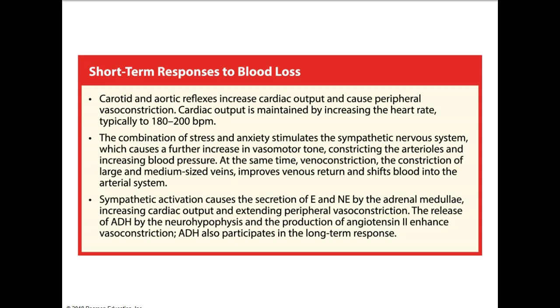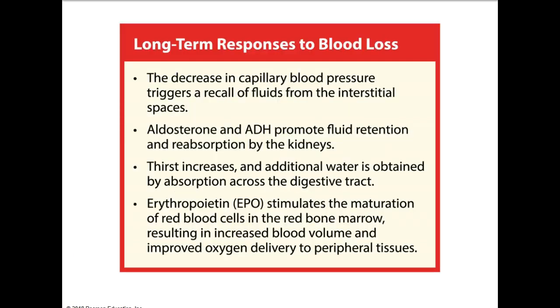And the sympathetic activation causes secretion of epinephrine and norepinephrine by the adrenal medulla. This increases cardiac output, extending your peripheral vasoconstriction. And you have a release of the antidiuretic hormone by the neurohypophysis. The production of angiotensin II enhances vasoconstriction. And antidiuretic hormone participates in long-term responses.